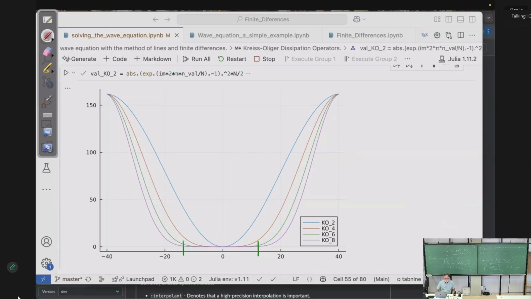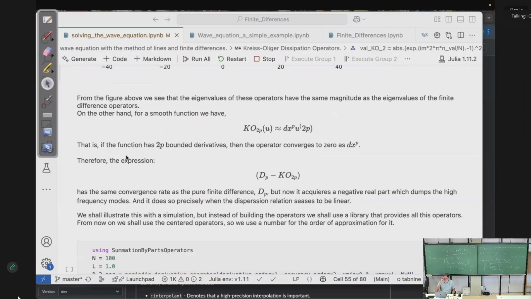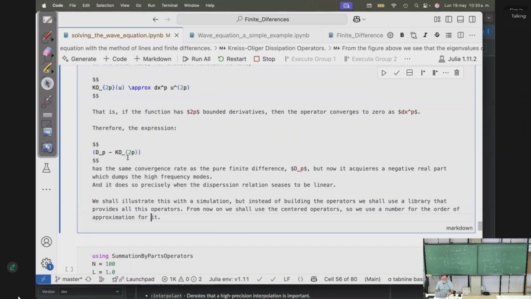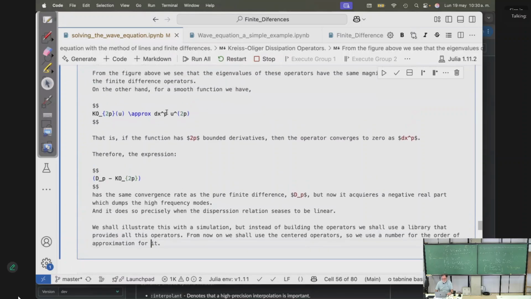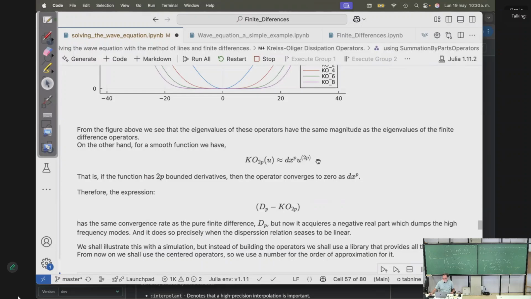So how do we use them? Well, you can see that the Kreiss-Oliger term is something like delta x to the p, and the derivative is like the Laplacian to the p, right?